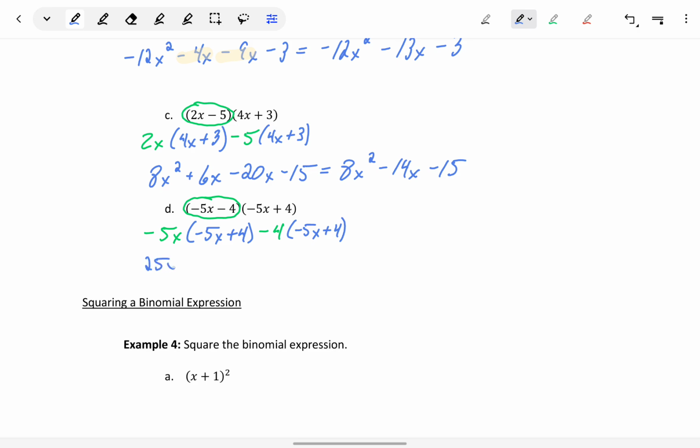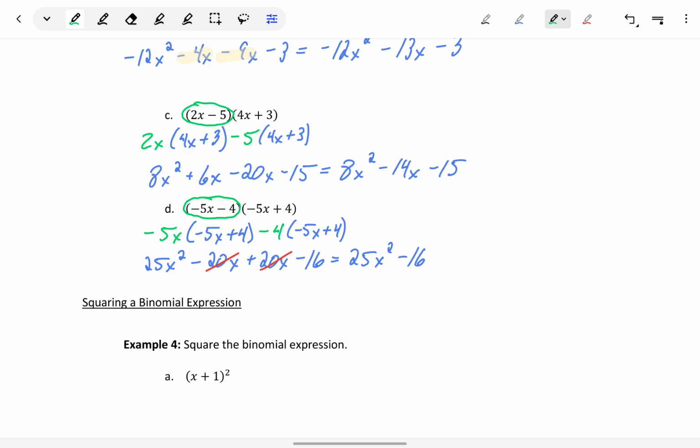And this will give us 25x squared minus 20x. Distributing negative 4 through will give us plus 20x minus 16. Now we'll combine those two like terms in the middle, which in this case will cancel out since we have minus 20 and plus 20, and we end up with 25x squared minus 16.